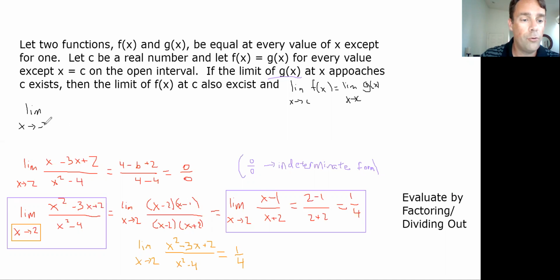Let's try that. And I'm going to give you 2x squared plus 5x minus 3, all over 3x squared plus 14x plus 15.